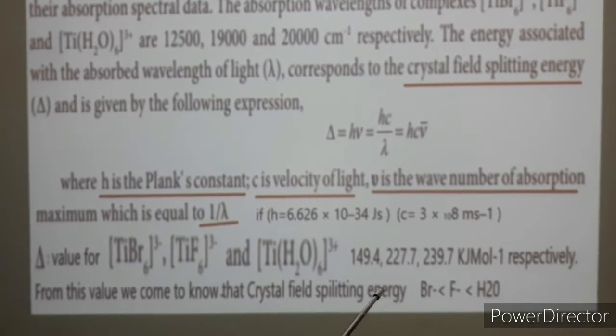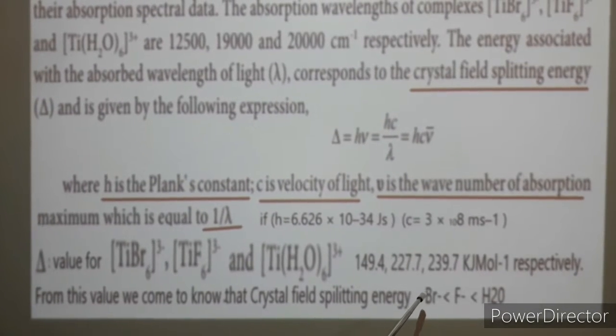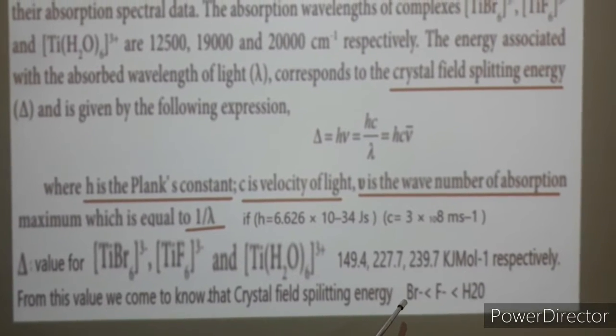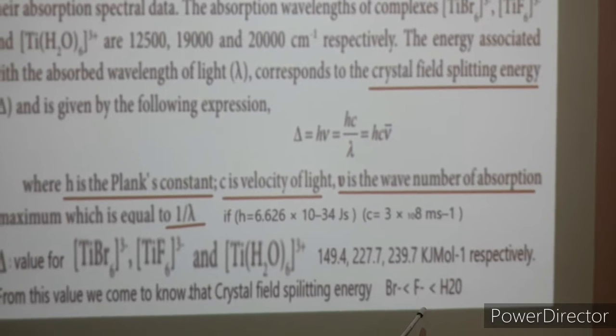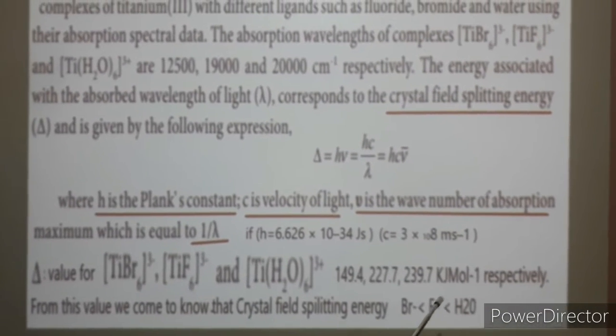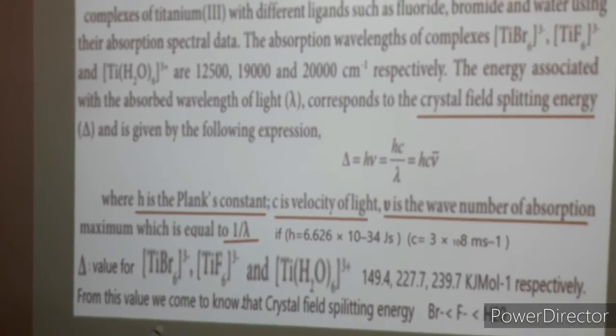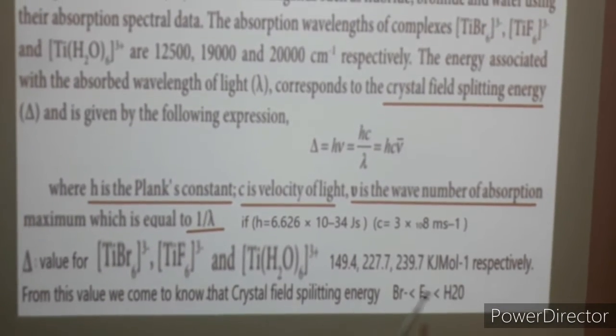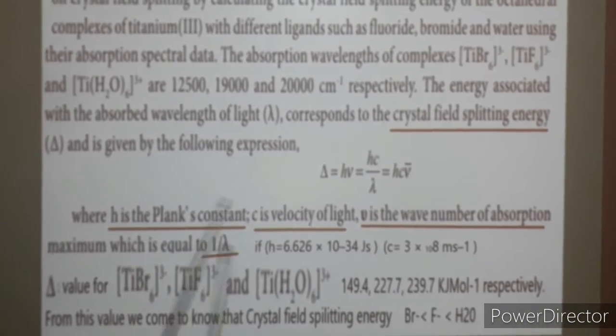From that we conclude that the crystal field splitting energy of bromide is very small compared to fluoride, and fluoride is smaller compared to water. So water has the highest crystal field splitting energy among the three complexes.